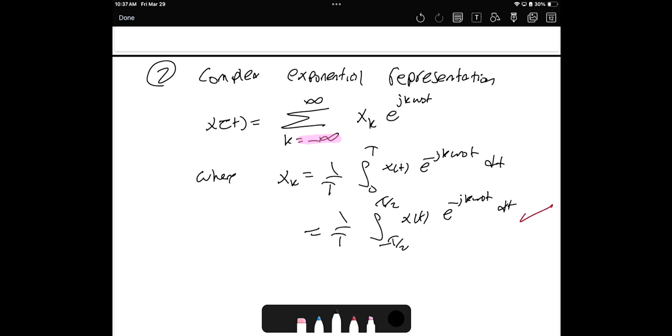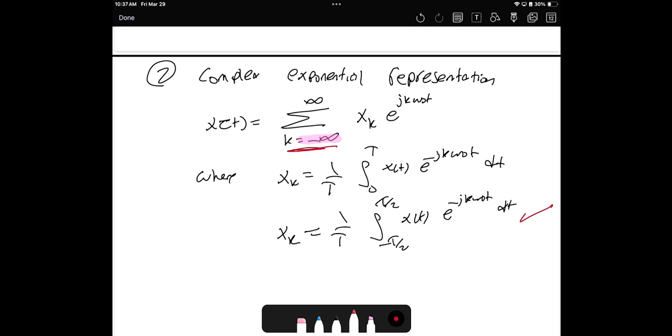The good point about the complex exponential is that there is no a, b, c, or a naught, ak, bk. There is only one, which is x sub k. We will not say from k equal 1 to infinity.